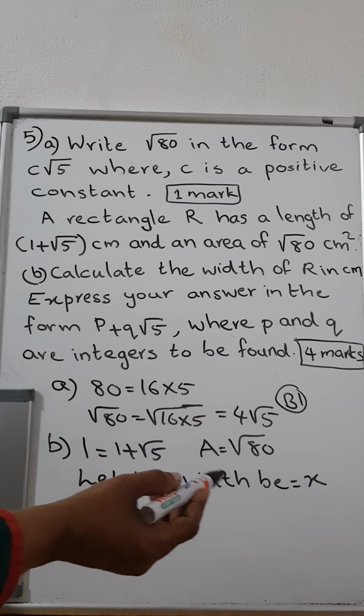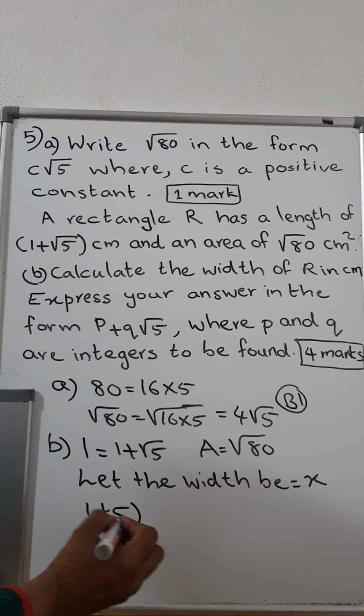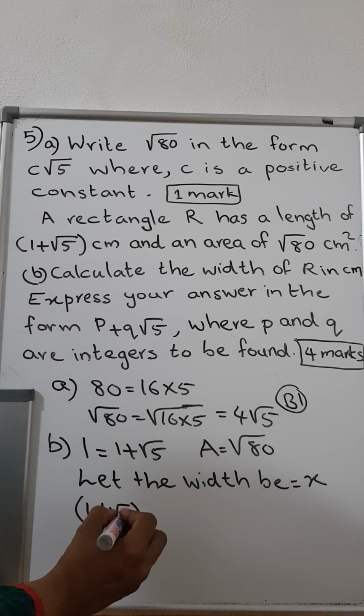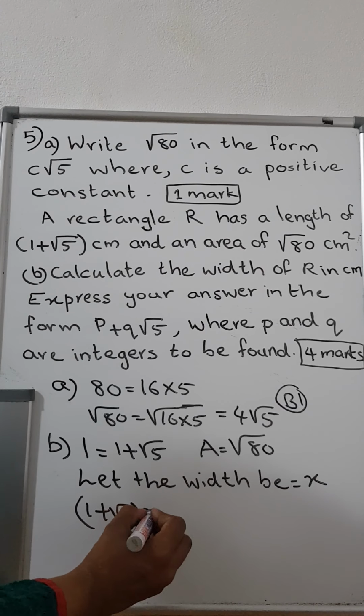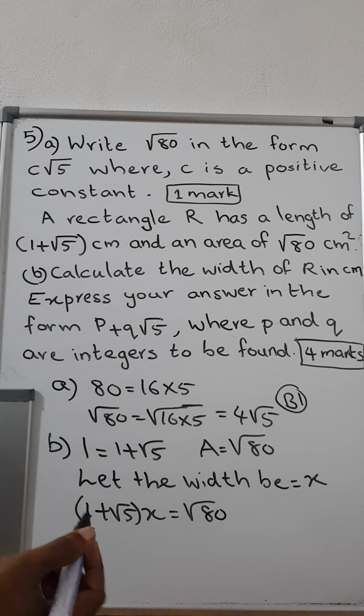So we know length times width must be area. So 1 plus root 5, that is our length, times our width is our area, that is root 80.